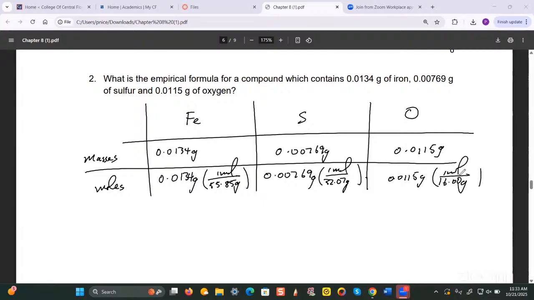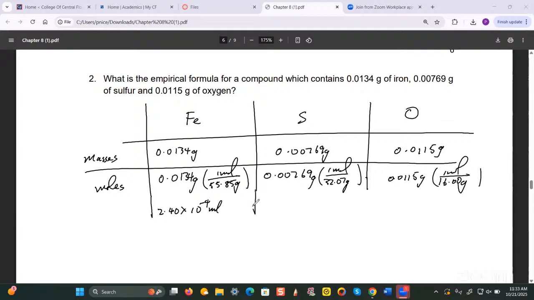So now we need to do the number crunching, 0.0134 divided by 55.85. Actually, that was correct. Okay, so I got, and please correct me if I'm wrong, 2.40 times 10 to the minus 4 moles, right?